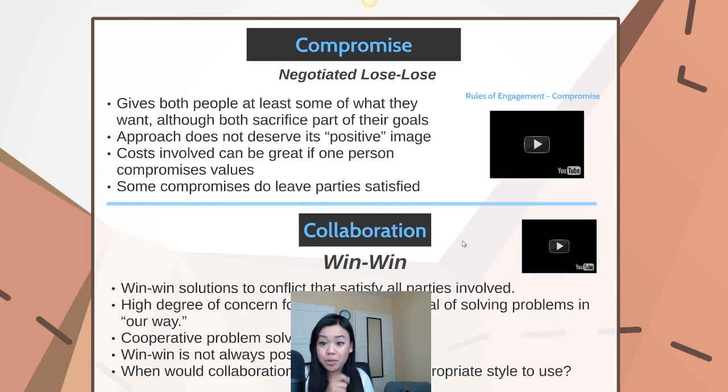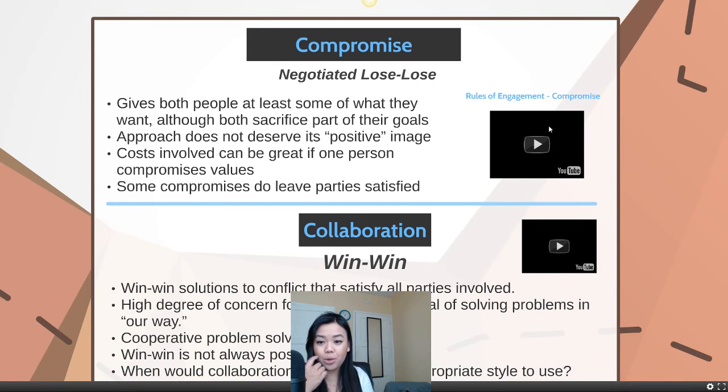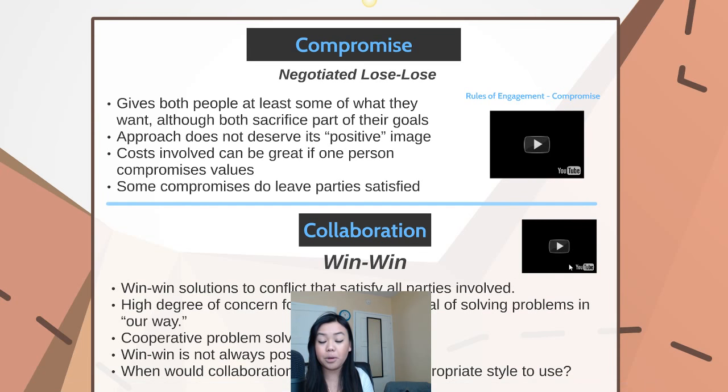And so two video examples that I also have for you here that I want you to watch. One is from the show Rules of Engagement. Up here, it's an example of compromise. Here is an example of the clip from A Beautiful Mind. A Beautiful Mind is a movie about a great mathematician named Dr. Nash, and it follows his life.